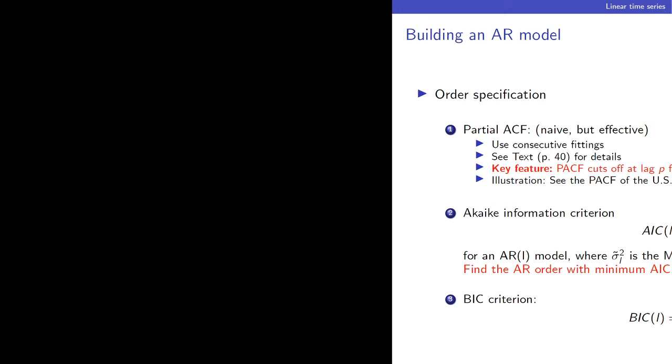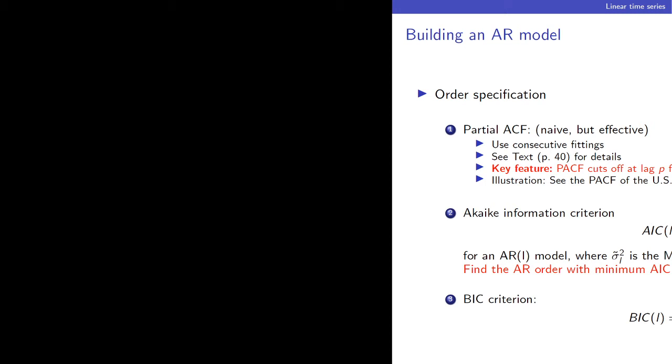Now, another interesting thing: if we consider T to be our sample size, the Akaike information criterion, also known as AIC of L, is defined in this way. And here, this sigma sub L squared with a hat is the maximum likelihood estimate of the residual variance.